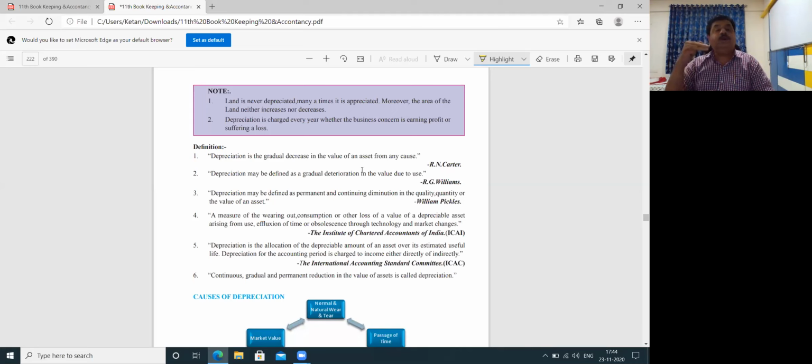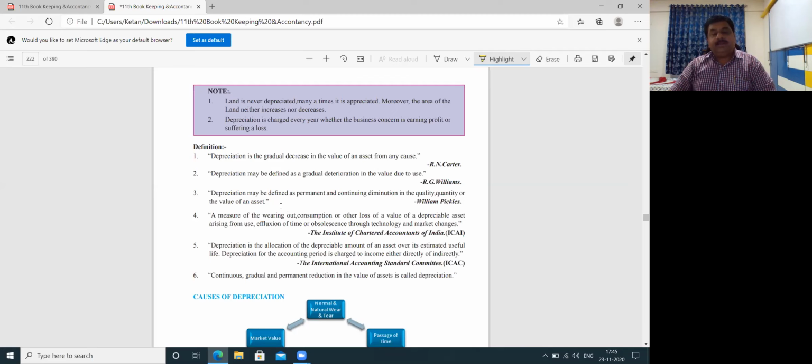And number three is the obsolescence, becoming outdated. Then number two, depreciation may be defined as a gradual deterioration in the value due to use. This is given by R.G. Williams. Deterioration means what? It is gradually decreasing. Deterioration is decrease only. खराब होत जाते, कमी कमी होत जाते त्याची productivity.